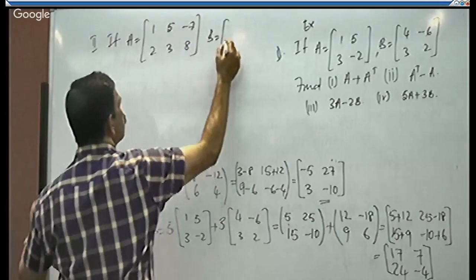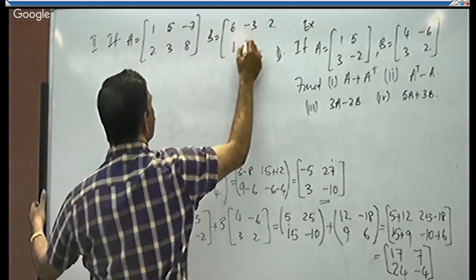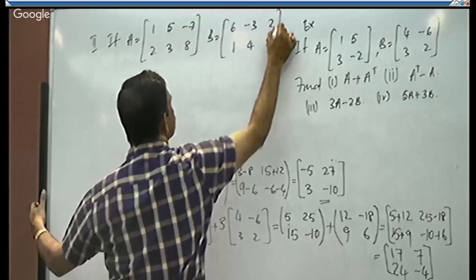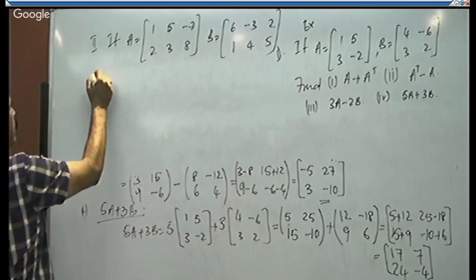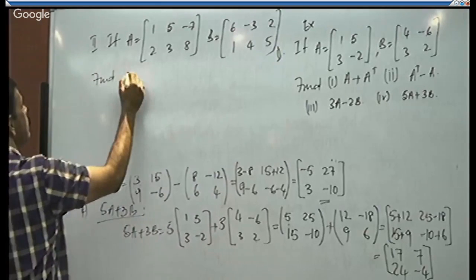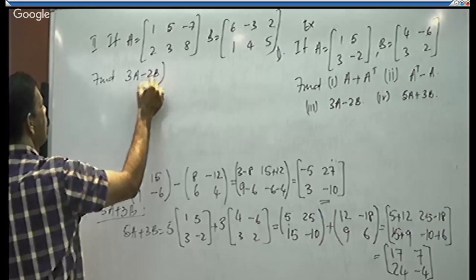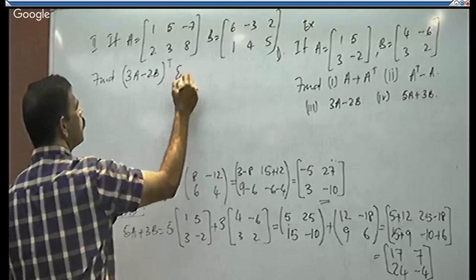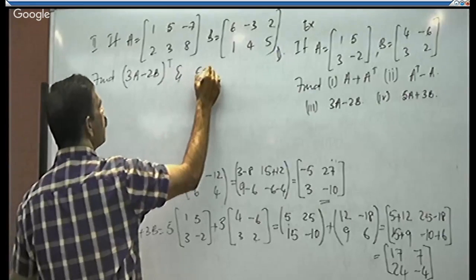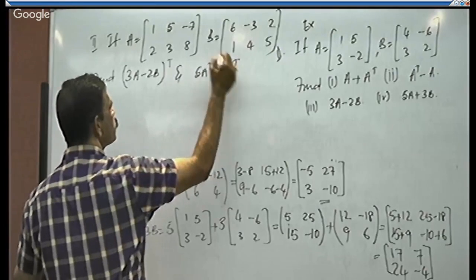Take B. B is equal to 6, minus 3, 2, 1, 4, 5. Find 3A minus 2B whole transpose and 5A transpose plus 3B transpose.